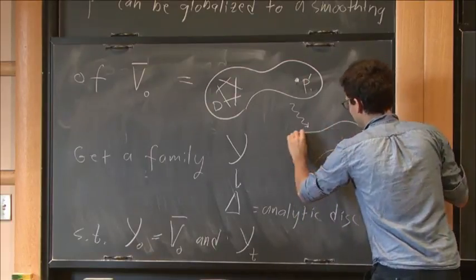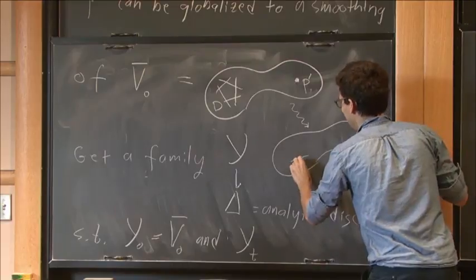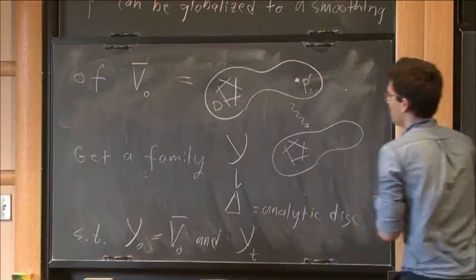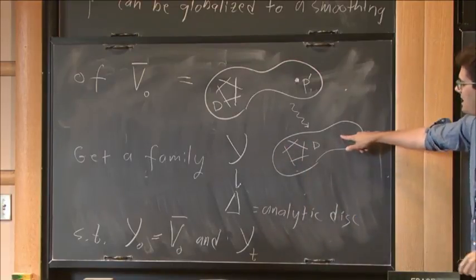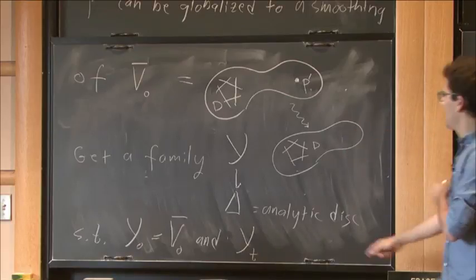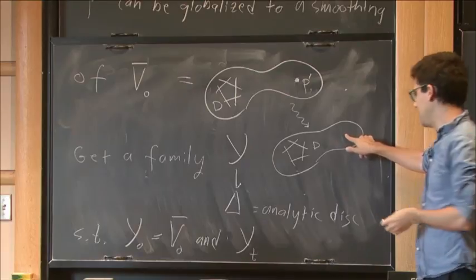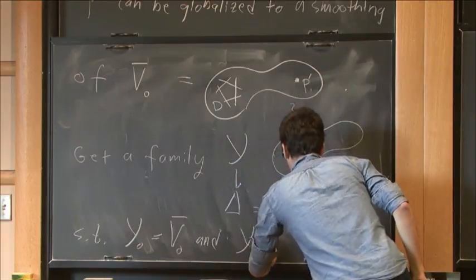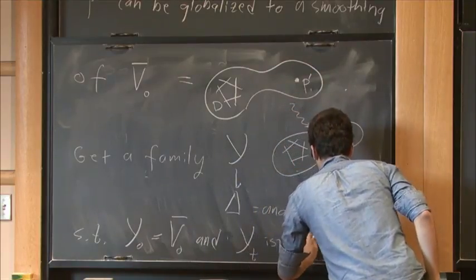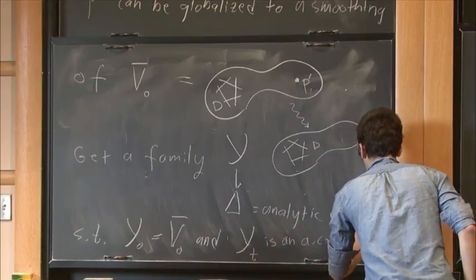So we smooth it, and so P prime goes away. So we get that. Well, what is that? This general fiber is actually going to be an anti-canonical pair. So Y_t is an anti-canonical pair.